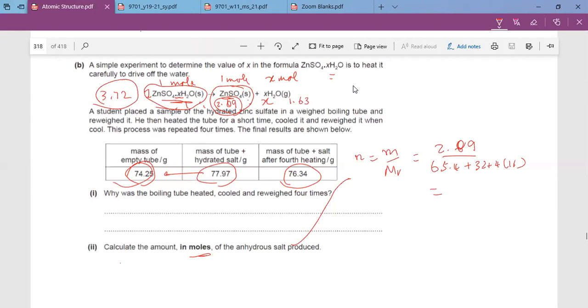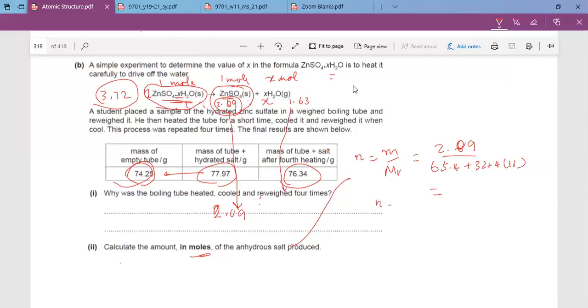I actually tried too fast. Here is 2.09.